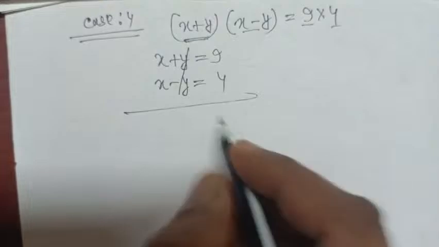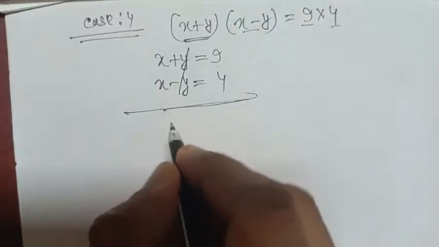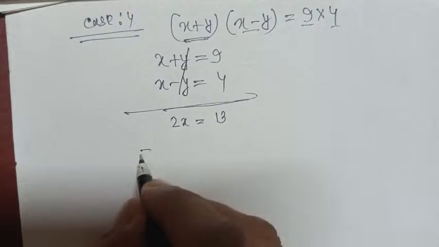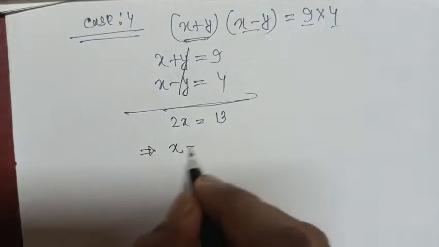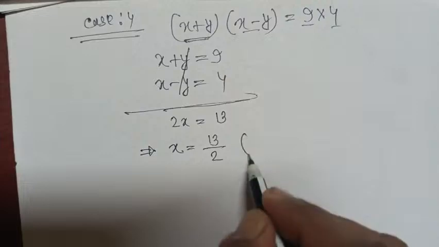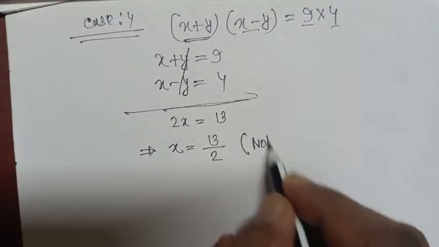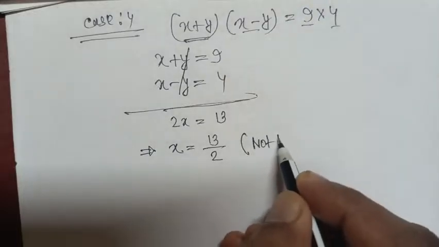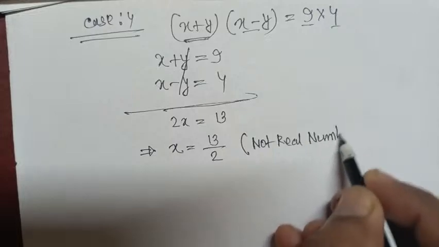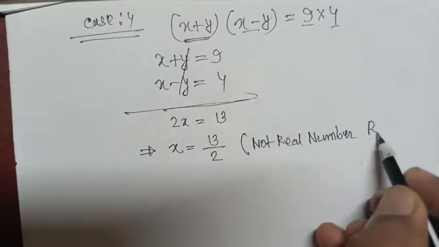So if we add this, we get 2x is equal to 13. Therefore x is equal to 13 by 2. So again, this is not a real number. Rejected.